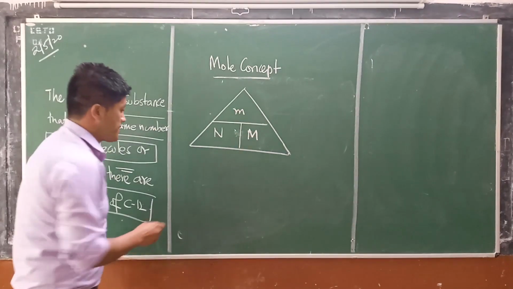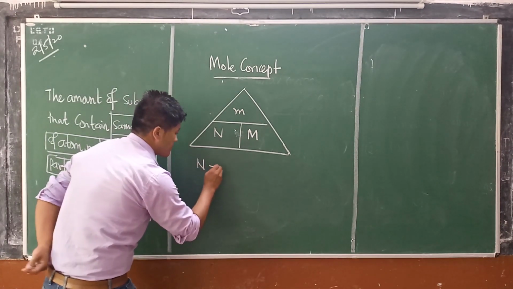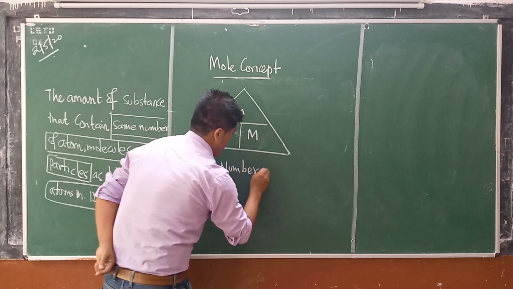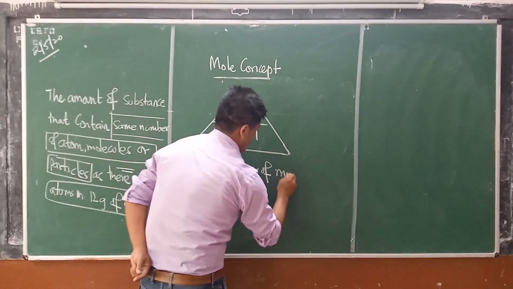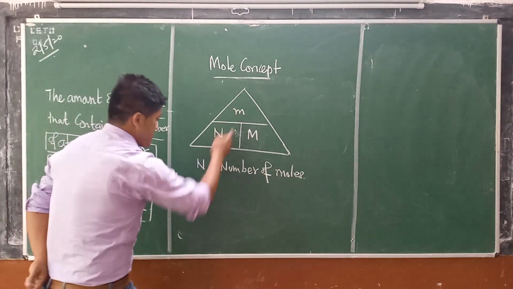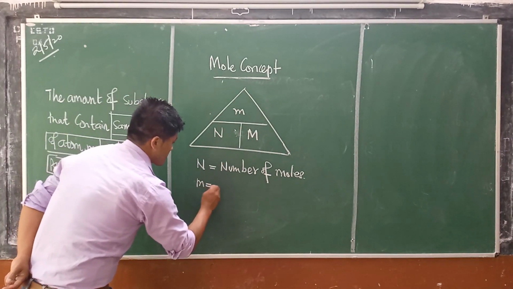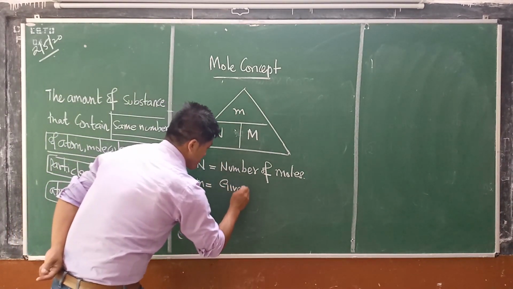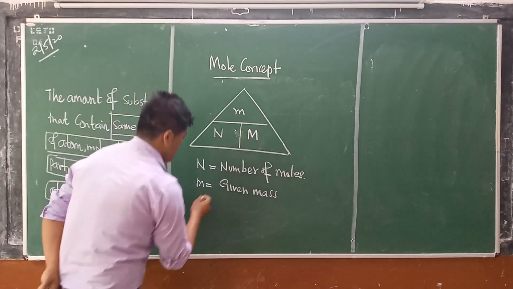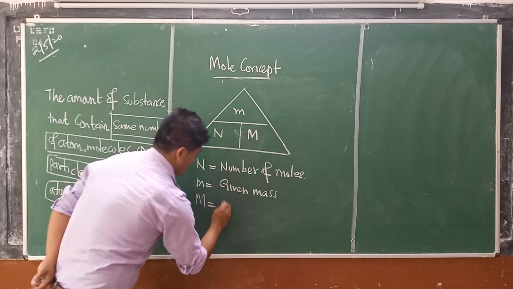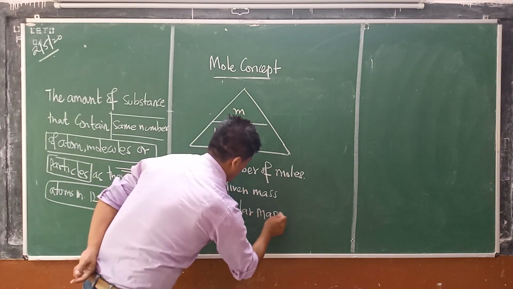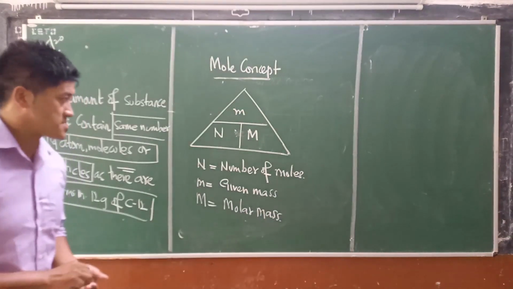This n signifies the number of moles, this m signifies the given mass, and this M signifies the molar mass or molecular mass.